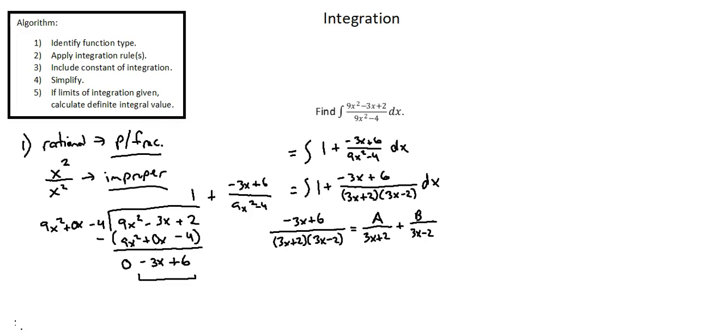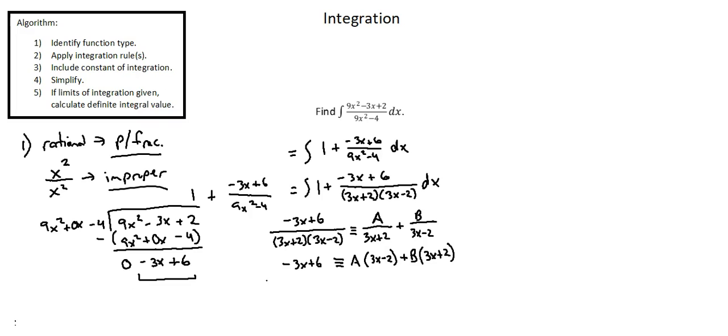Let's be more accurate. This is not an equality. This is an identity. The left side is an identity with the right side. Now I'll multiply both sides of the identity by the denominator of the left side of the identity. On the left, we'll have remaining negative 3x plus 6 is an identity with A times 3x minus 2 plus B times 3x plus 2.